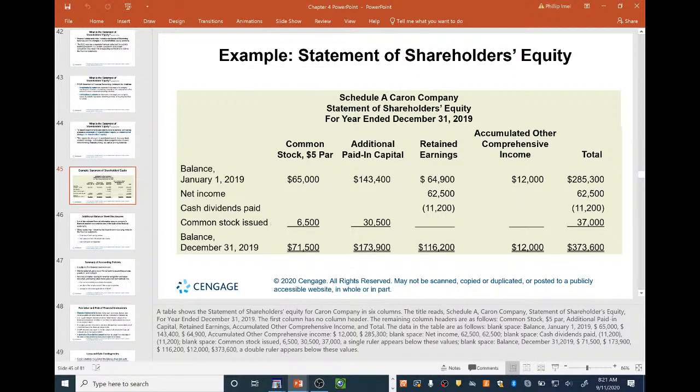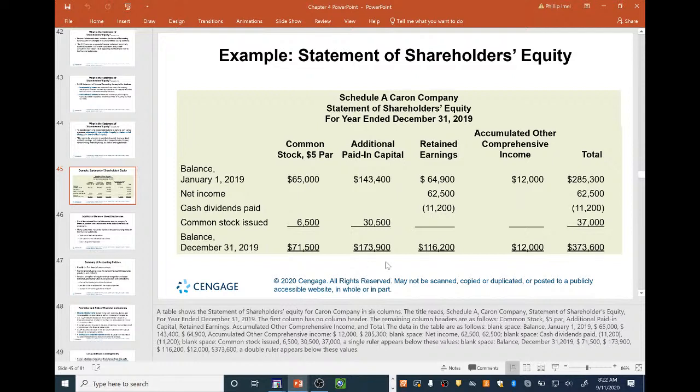Common stock issued: we issued $6,500 of common stock. In additional paid-in capital, we brought in $30,500 over par. From there, we just sum them up going down to get the ending balances for each individual component, and then sum them across for the total, for the difference between the end of the year balance and the beginning of the year balance.